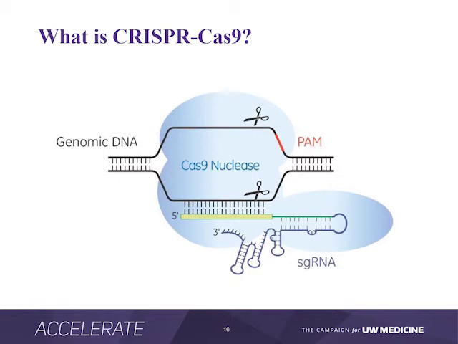The reason it does that is because CRISPR-Cas9 comes from bacteria, and what it's trying to do is protect itself from incoming DNA, so bacteria, viruses, phage. So it's trying to protect its genome from being invaded by foreign DNA.